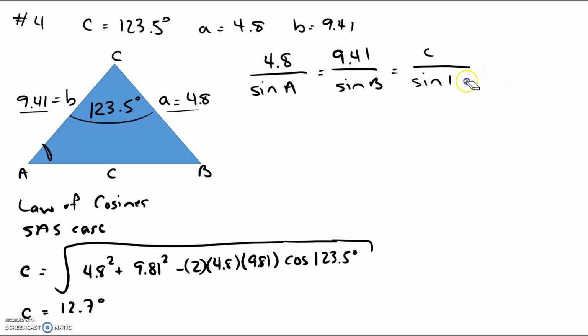That is side C right here, not angle C. So we know what C is. That is 12.7. And sine of angle C, that is 123.5. You still need to be in degrees for that, but 12.7 is just your side.